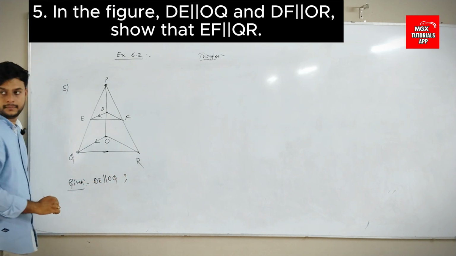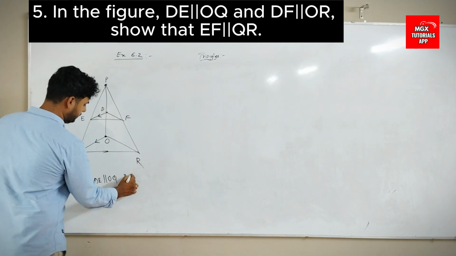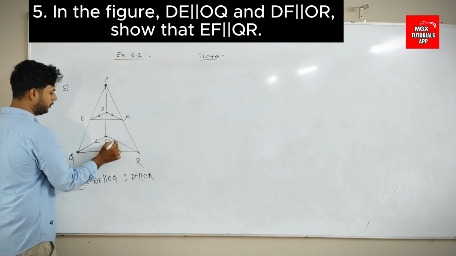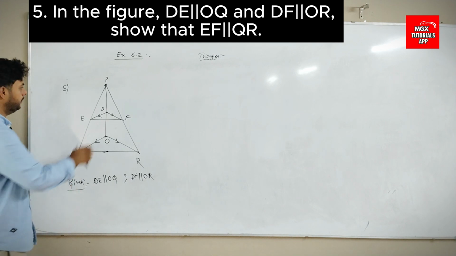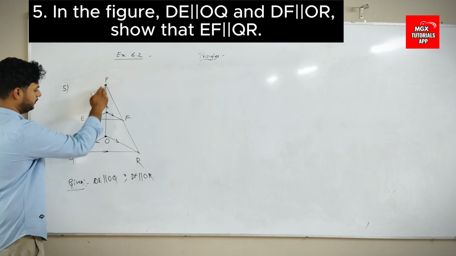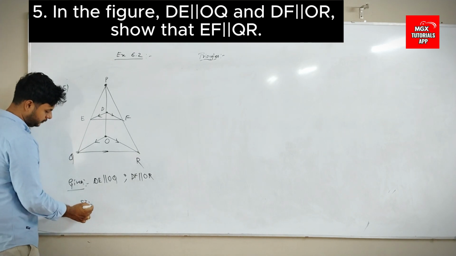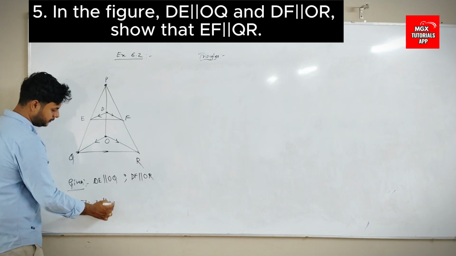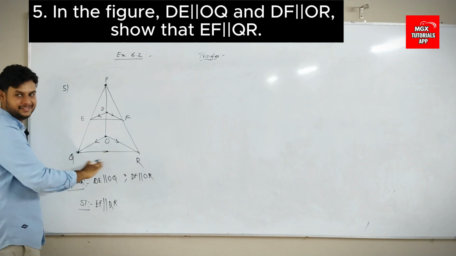And DF is parallel to OR. So DF is parallel to OR means which triangle you should take? POR. Okay. Next. Show that EF is parallel to QR. EF is here. QR is here.